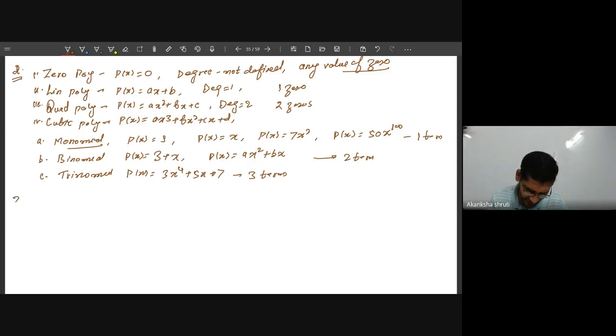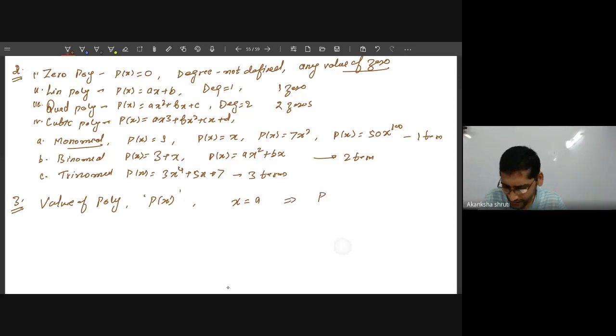The next concept was about the value of a polynomial. If p(x) is given as some polynomial and x is given as a, then the value is given how? In place of x we have to substitute a, and we can get the value.